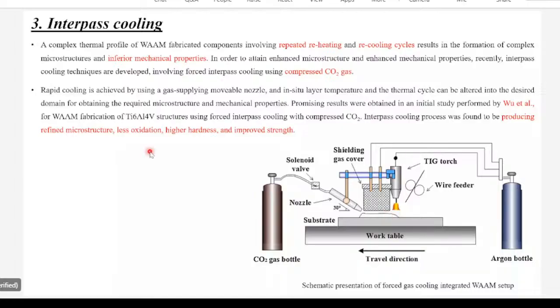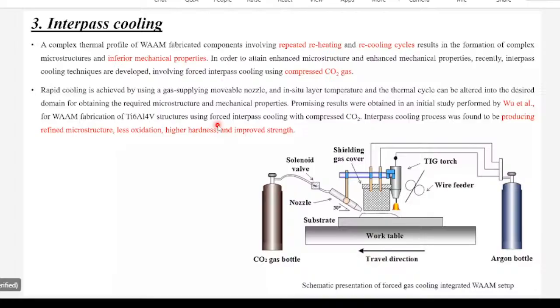Promising results were obtained in the initial study by these authors. They fabricated a Ti6Al4V structure using forced interpass cooling with compressed CO2 gas. The interpass cooling process was found to produce a refined microstructure, less oxidation, higher hardness, and improved strength.